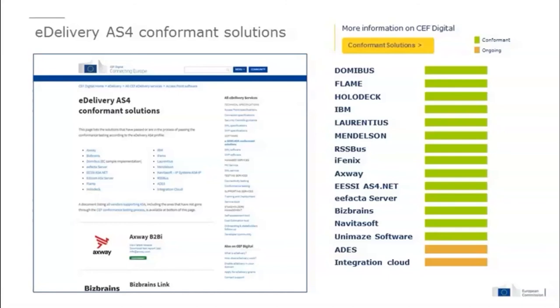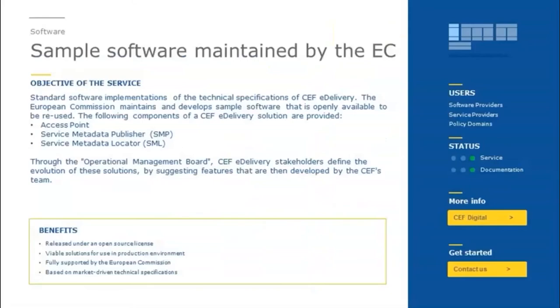So in case one vendor doesn't really fulfill all your constraints, you can always contact another one and find basically what you need. Among these solutions, there is Domibus, which is open source software created and maintained by the European Commission. That's part of the services that we run here at the Commission. We maintain and operate Domibus.